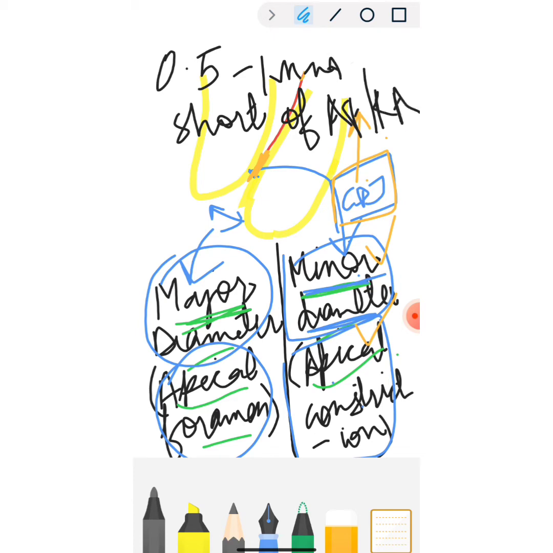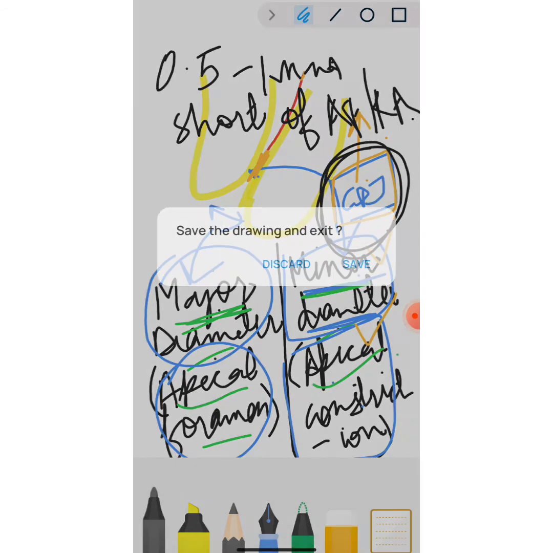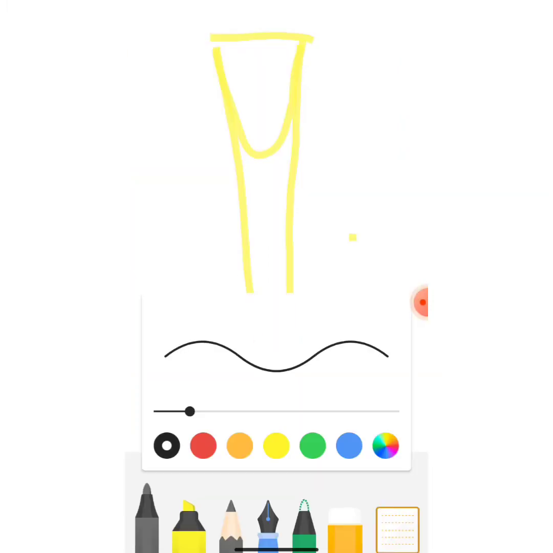This is mm, not nm. So this is all about the major diameter and minor diameter, and the point where the canal preparation should terminate is the CDJ, that is the cemento-dentinal junction, minor diameter or apical constriction. Let's repeat.